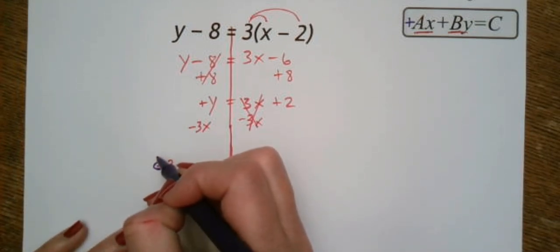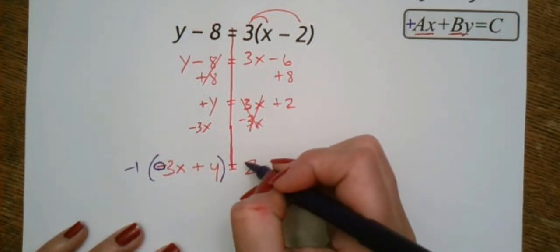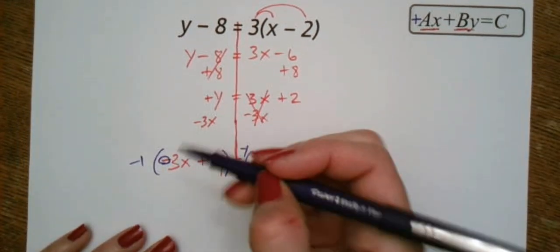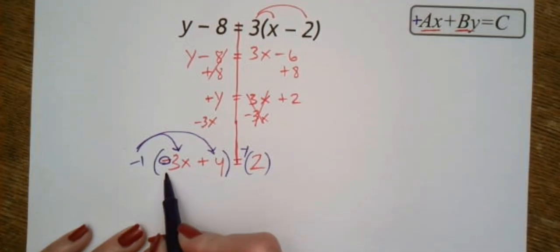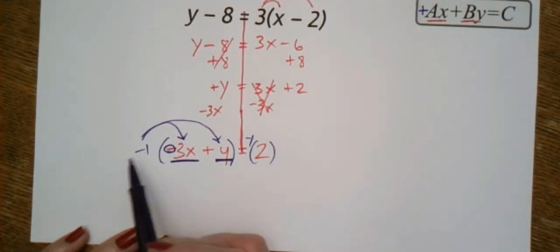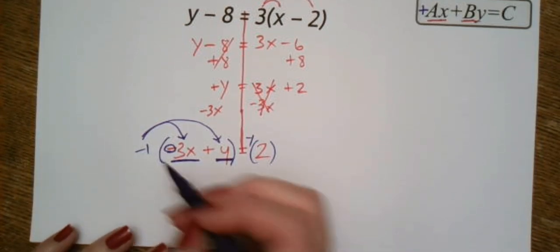So I'm going to multiply everything on the left side of the equation by -1, but I also have to do that to the right side also, multiply by -1. Don't forget that this -1 is being multiplied by both the x term and the y term. So now everything in this entire equation is going to change to its opposite when you multiply by -1.